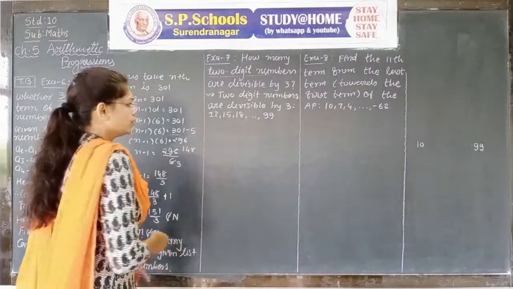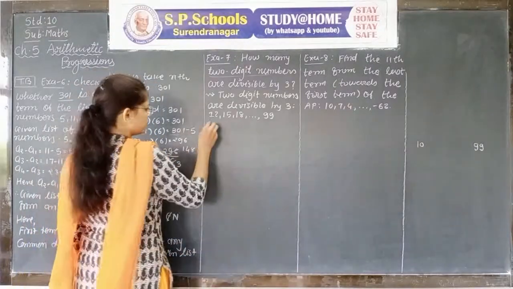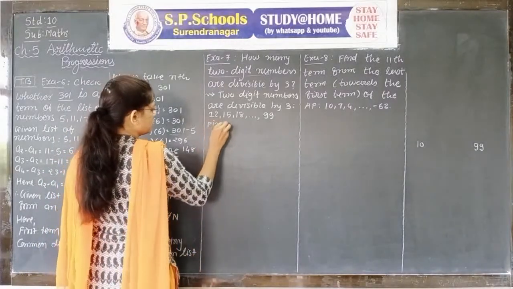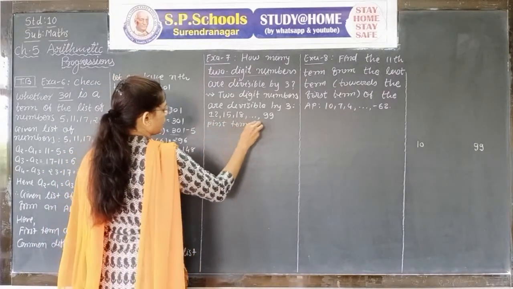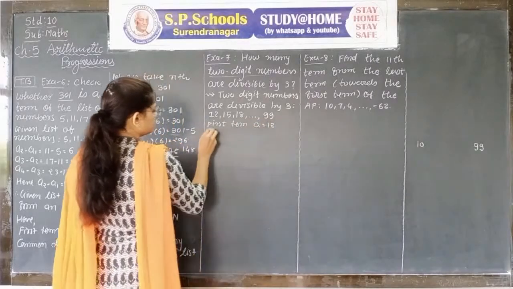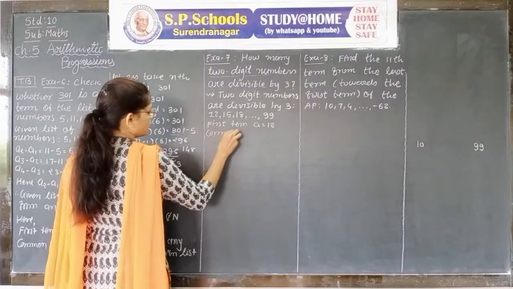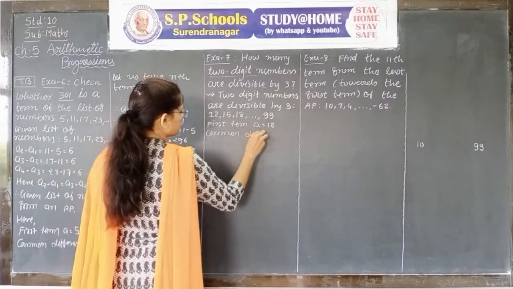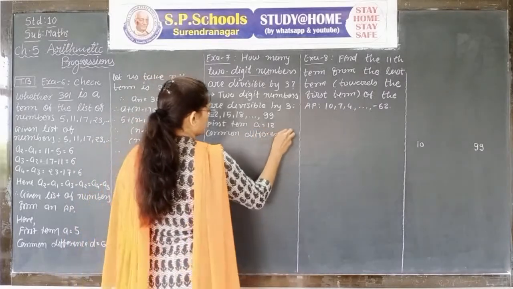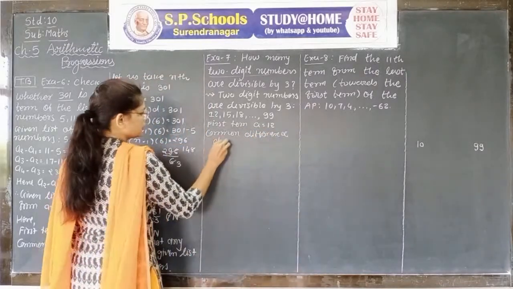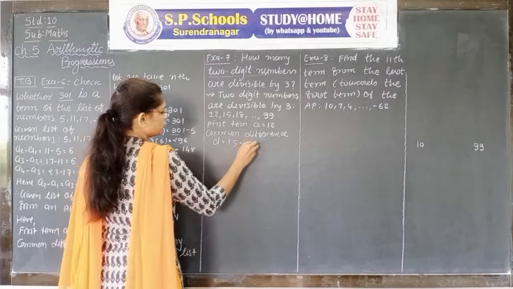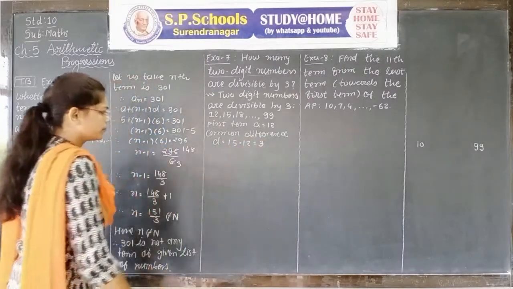It is the answer of our question. First write the first term. First term a is equal to 12. Common difference d is equal to 15 minus 12, which is 3.